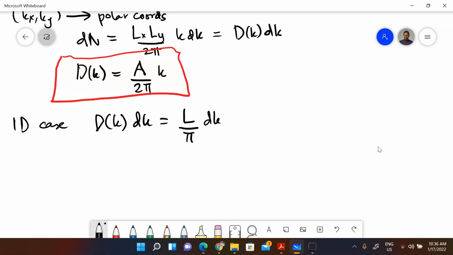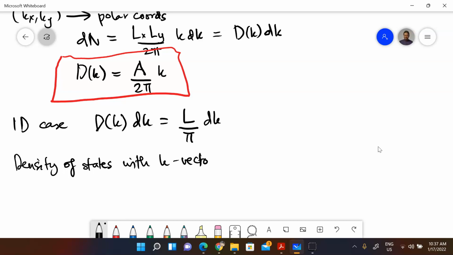Depending on the context of the problem, sometimes you have to use all these different forms of your density of states. Again, this is with respect to the wave number, the k vector.